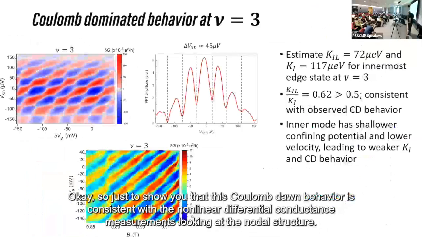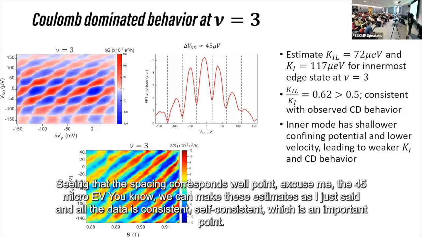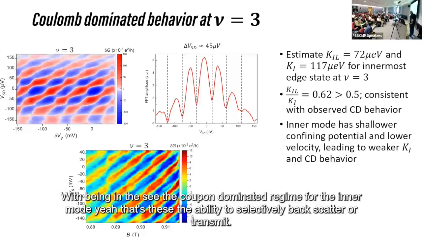Okay, so just to show you that this Coulomb-dominated behavior is consistent with the nonlinear differential conductance measurements, looking at the nodal structure, seeing that the spacing corresponds to about 45 micro eV. We can make these estimates, as I just said, and all the data is self-consistent, which is an important point, with being in the Coulomb-dominated regime for the inner mode.